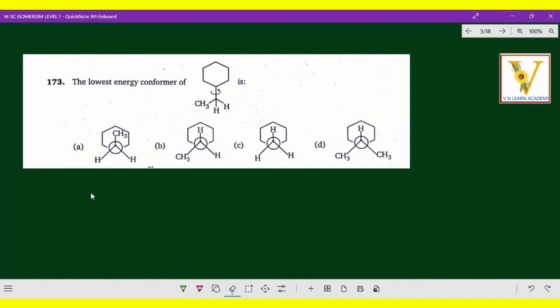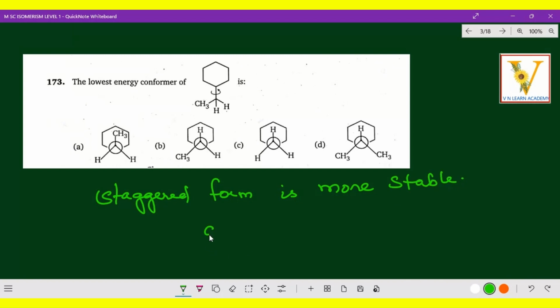But in the eclipsed form, repulsion will be more because another group is behind. So more repulsion means less stable, and less repulsion means more stable. Just the opposite.